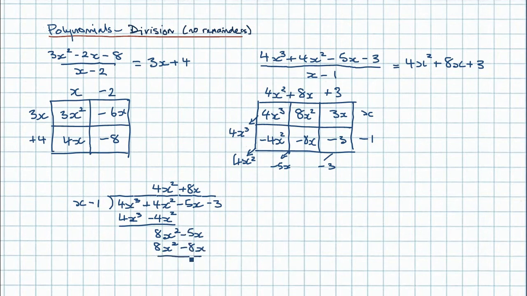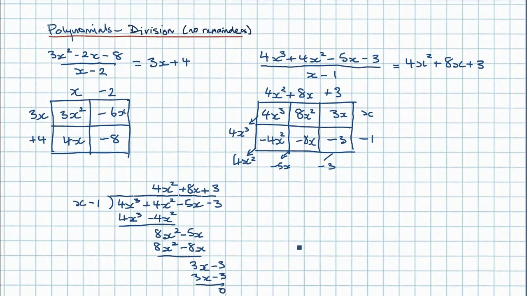Subtract bottom from top, and we end up with minus 5x plus 8x, which gives us 3x here. Bring down our final term, minus 3. x into 3x gives us plus 3, and then multiply out again. We should have no remainder.